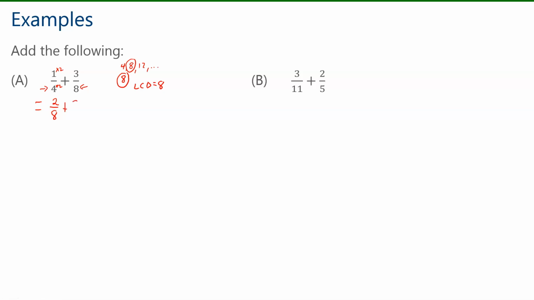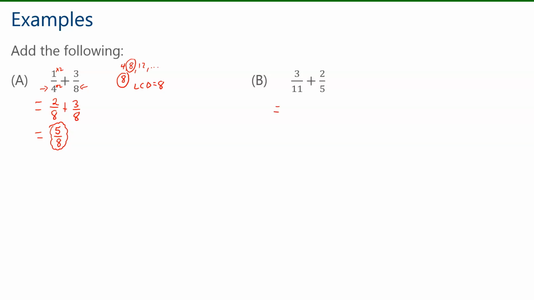My second fraction here, I don't need to do anything with it because it already has a denominator of 8. So now we have a common denominator. Let's add away. So the next step in the algorithm is to put down the 8, and we add our 2 and 3, giving us 5. We check for simplest form, and we are good. 5/8 is lowest terms.